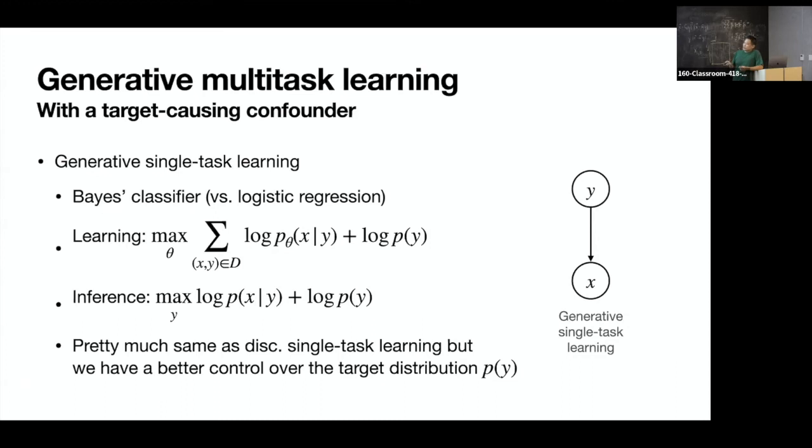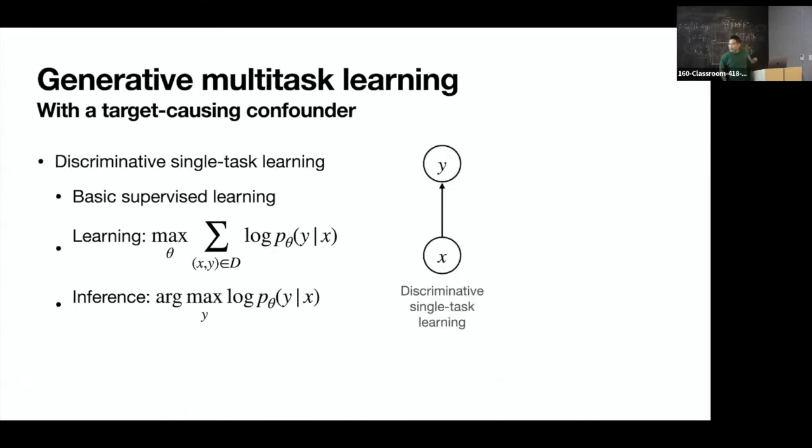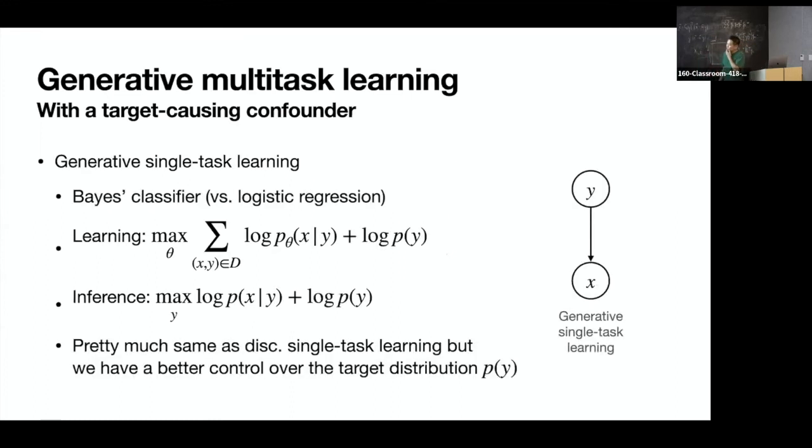That is, at inference time, if we go back here, we simply rely on whatever our model tells us, right? Given this x, what should be the distribution over y? But in the case of the generative single task learner, at inference time, we need to think about two things. Theta is actually missing here. One is what our model tells us about how likely the observation is given one of the potential outputs, plus how likely that output itself is under the prior distribution.